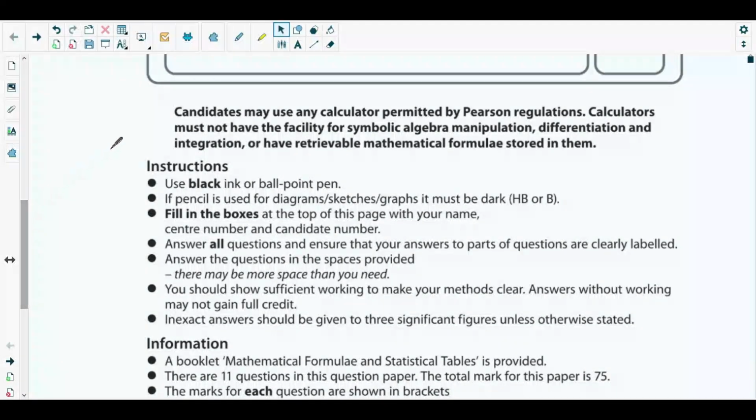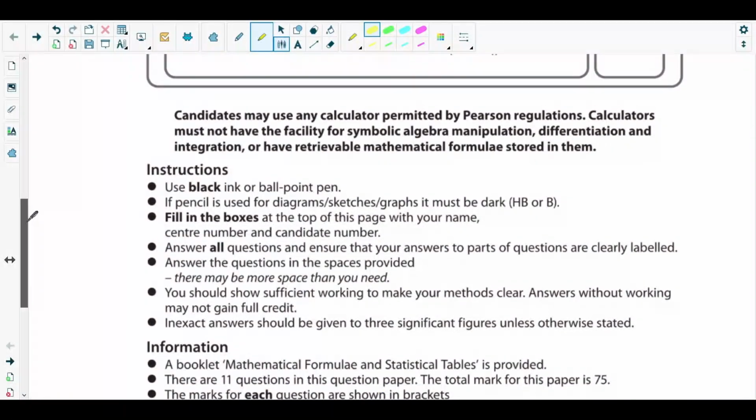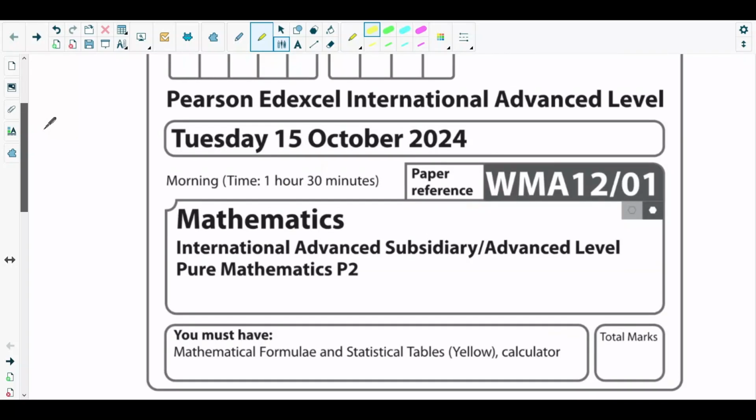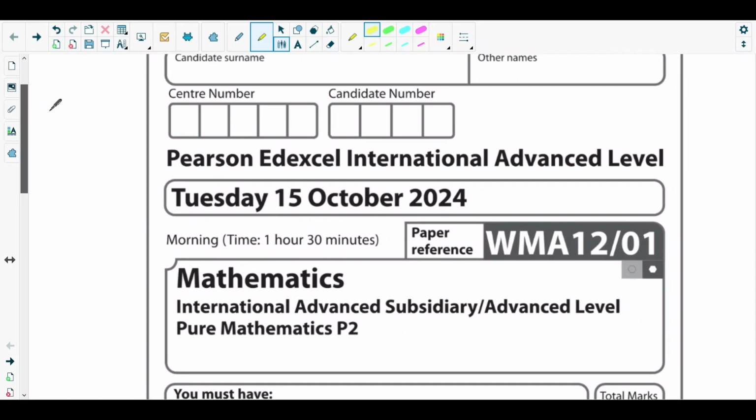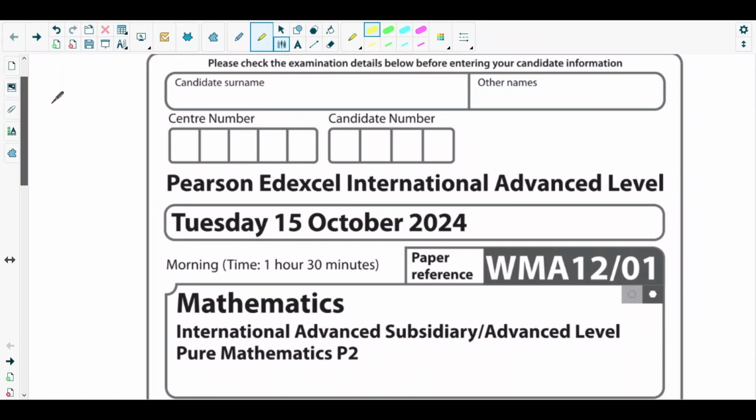In each video you will get the solution to one question. Since this is the first video, we will be solving the first question of the October 2024 P2 paper.